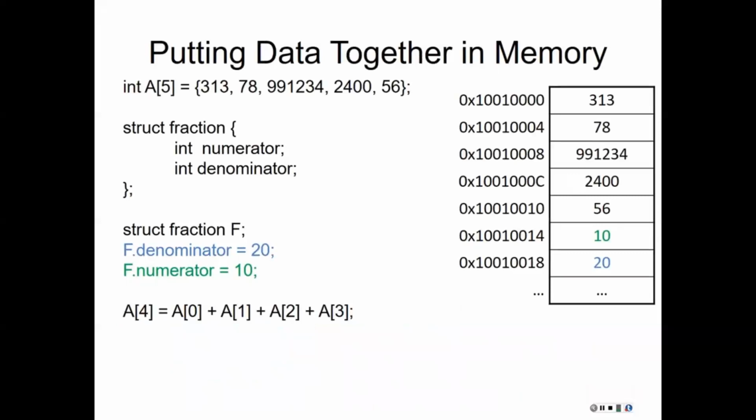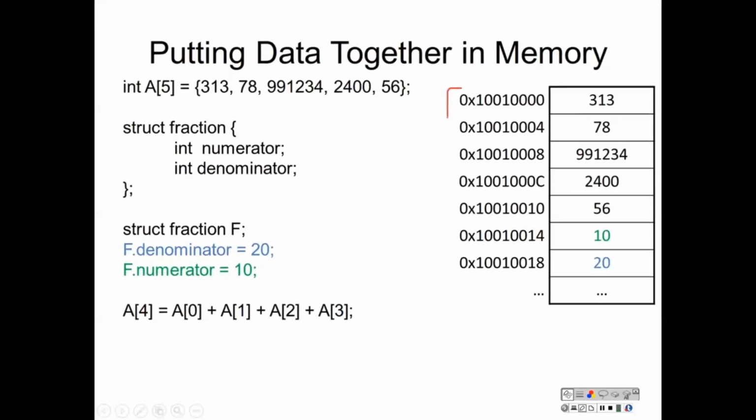Here we have the 5-element array from before and an instance of the struct fraction f before. The compiler could lay out the array before or after the struct. Here we show the array coming before the struct. The array starts at address 0x10010000, and the struct starts at address 0x10010014.